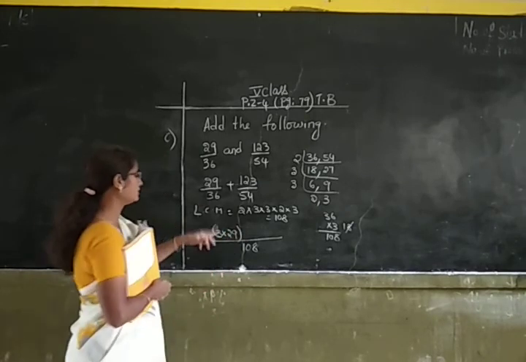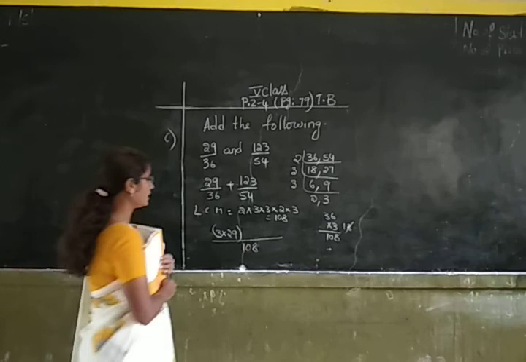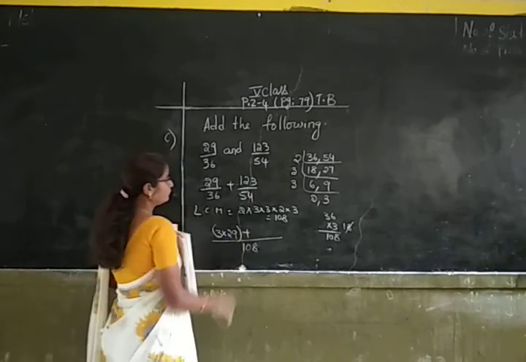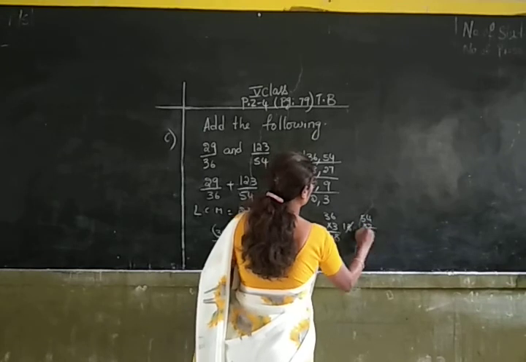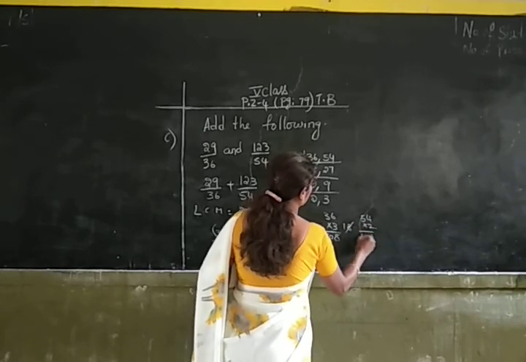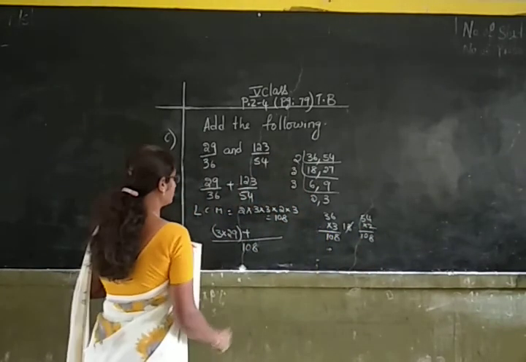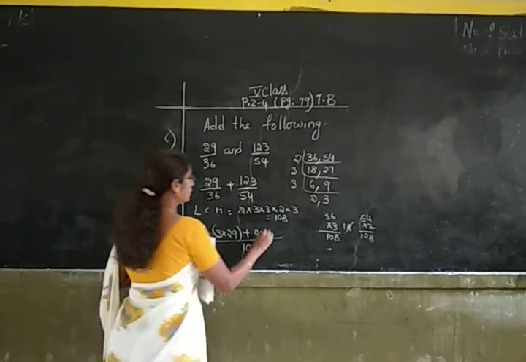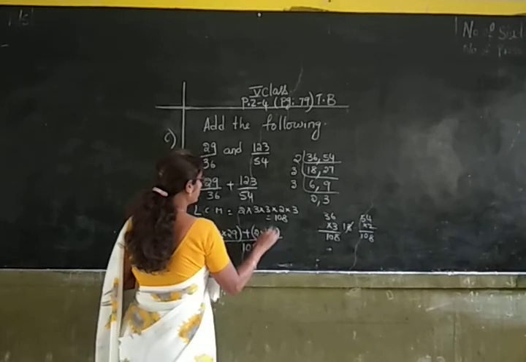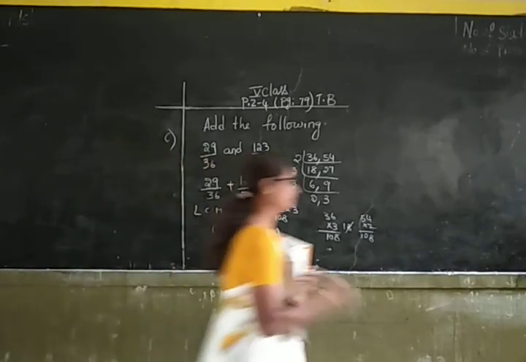We have to multiply 3 with the numerator which is 29. Plus, how many times does 54 go in 108? 54 goes 2 times in 108. So 2 into the numerator, which is 123.